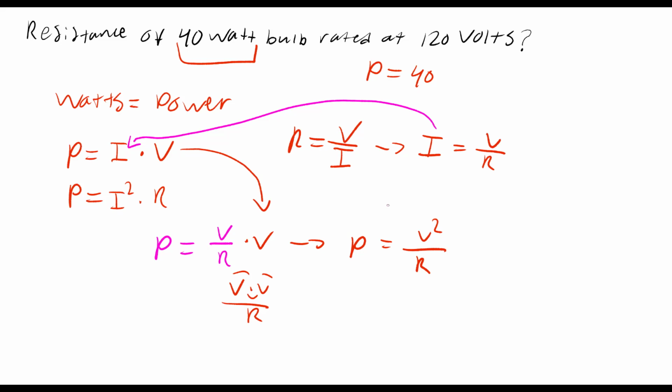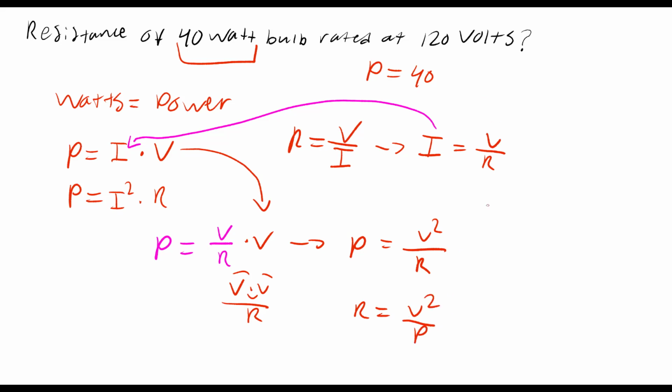A simple algebraic trick is just to swap the P with the R, and we end up getting R is equal to V squared over P.